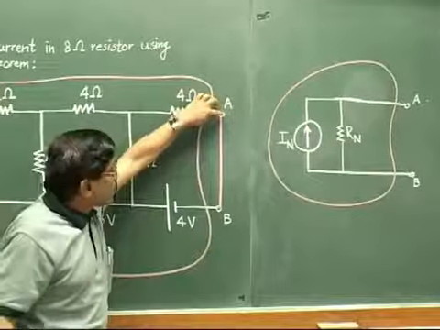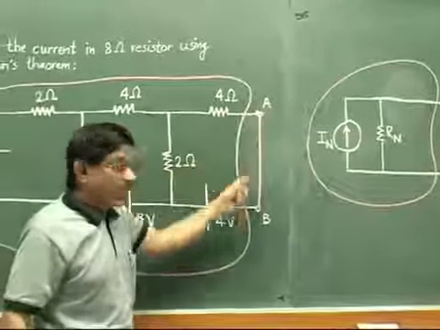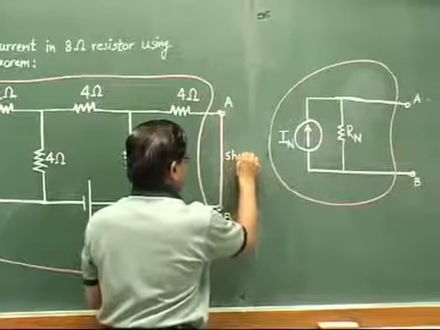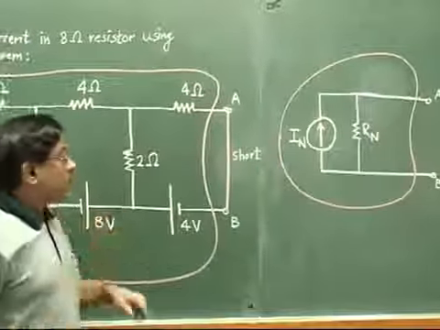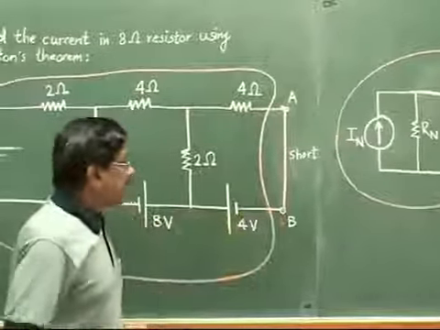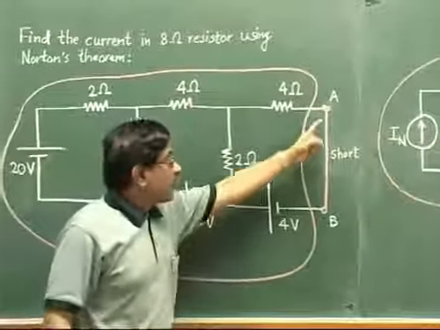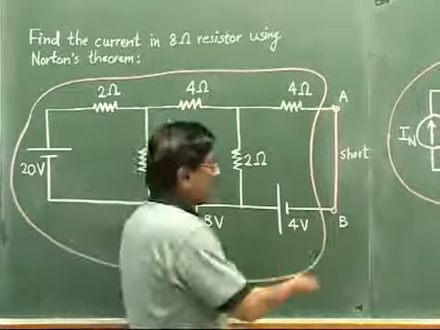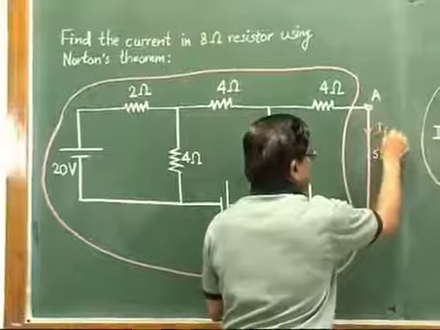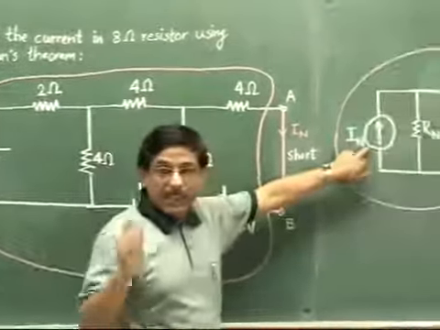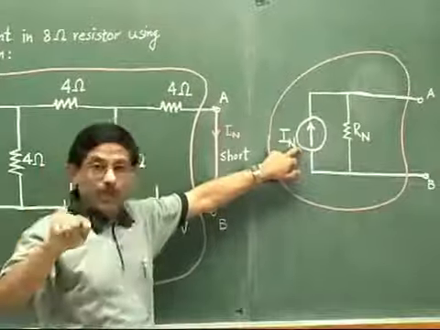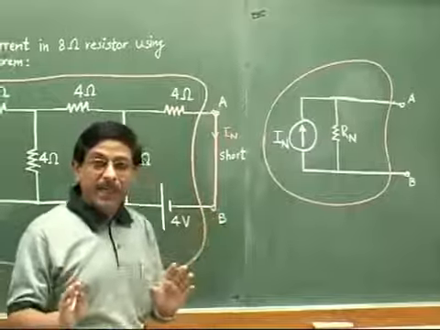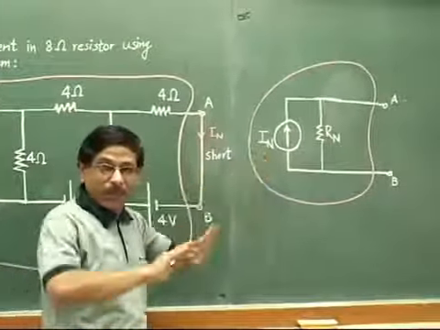If temporarily we short these two terminals straight A to B, a short circuit, a shorted link like this, and then we calculate the current in this short circuited link, some current will flow here. This current is nothing but this IN. So the meaning of IN is the current that would flow in the shorted link. We will be shorting these points A and B just temporarily for calculating IN. Later on we will remove it.